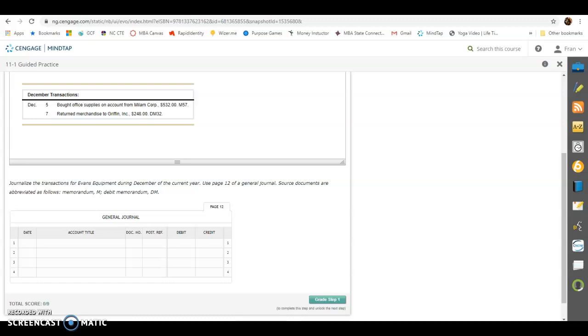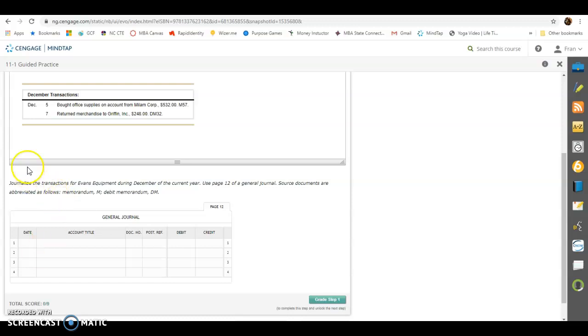They'll go in the general journal. So chapter 11 is kind of the odds and ends that didn't really go in any of those special journals. Just a few things that will actually go in the general journal, that journal that we learned at the very beginning of class. So that's what we'll basically be doing in chapter 11: things that didn't go, and then sales returns and purchase returns.